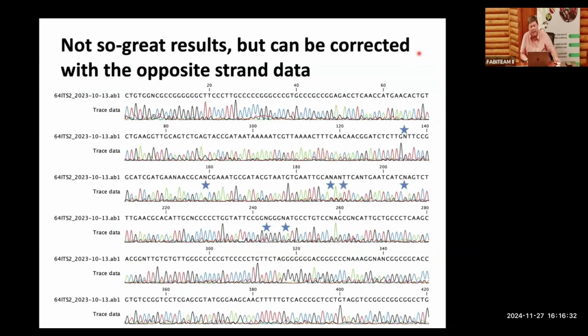This, in contrast, is a much better chromatogram, so a much better sequence result from the sequencer. You see most of the peaks are very clear, but there are some Ns, and these Ns are there because the ratio between the two nucleotides is not big enough to make a call whether this is a G or a T, a C or an A, and so on.